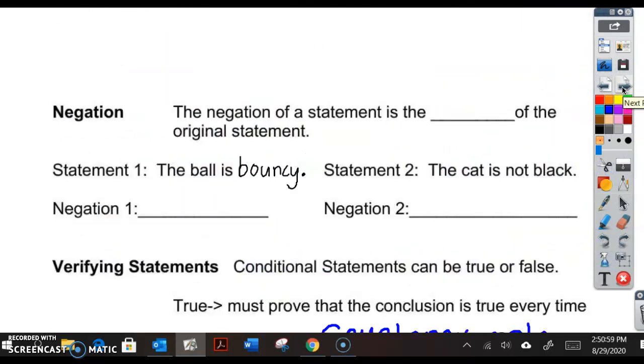Okay, so in a negation, you probably could guess what that is. It's the opposite of the original statement. So if the statement is the ball is bouncy, the negation would be the ball is not bouncy.